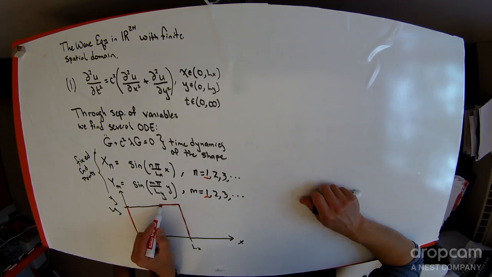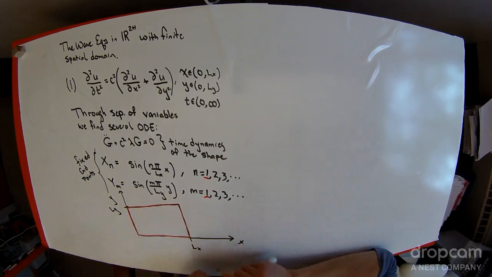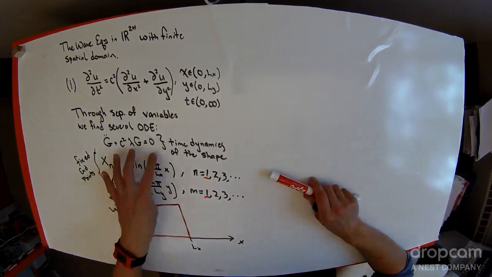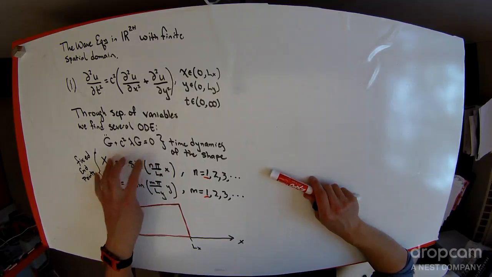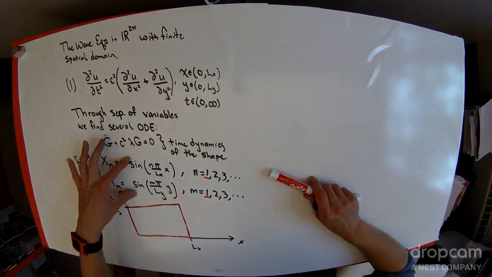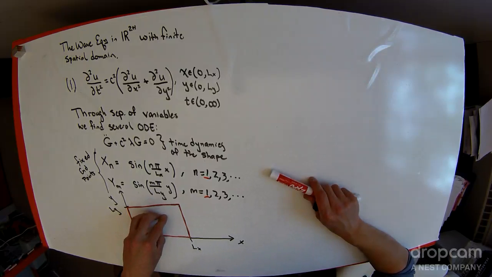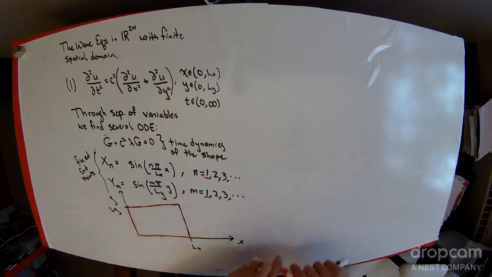Same thing for this y function. And so what this would represent is a time dynamic given by an oscillator with these shapes, and so this piece of elastic membrane would just go up and down and up and down.